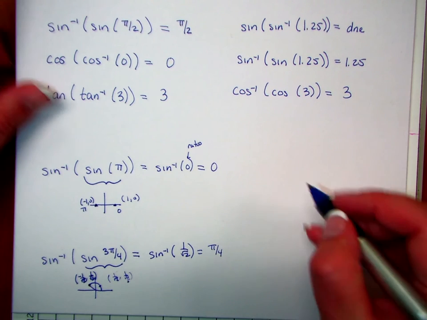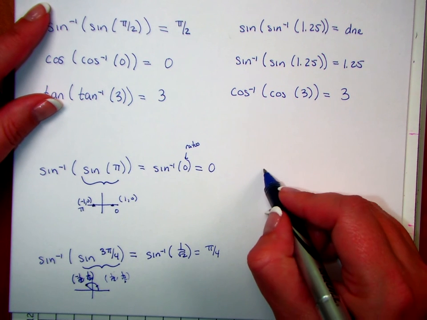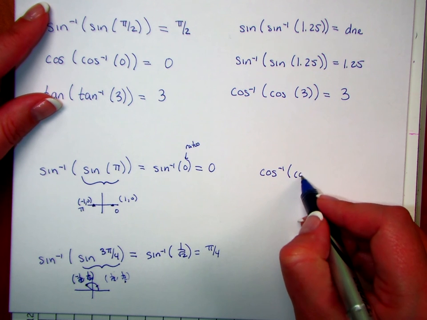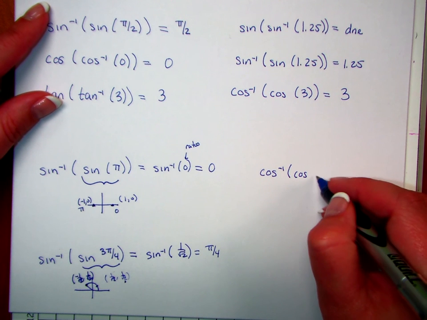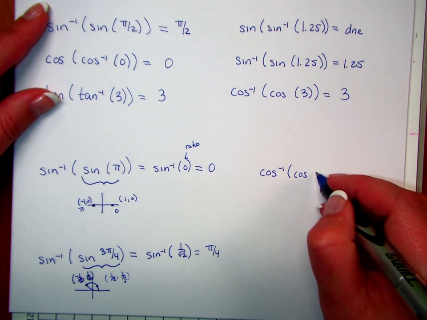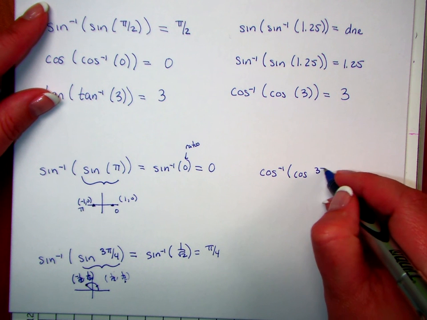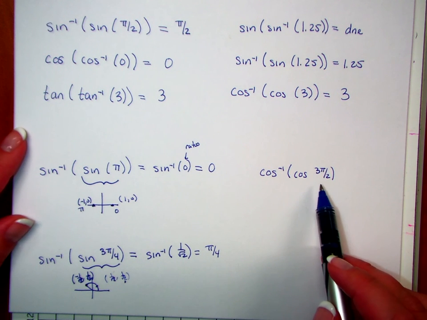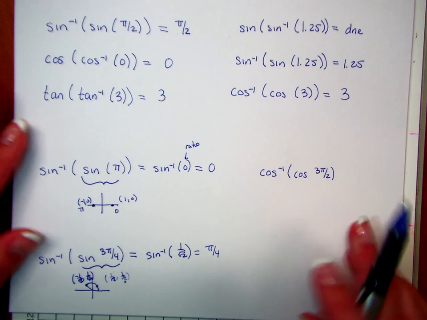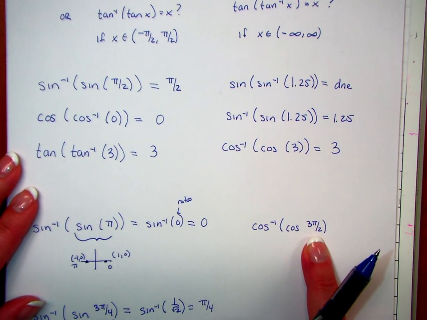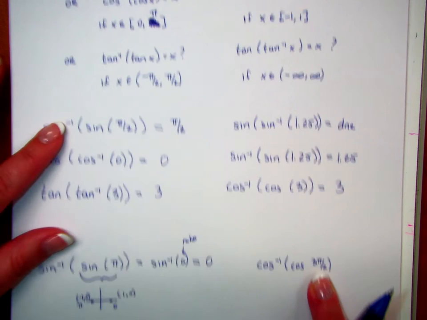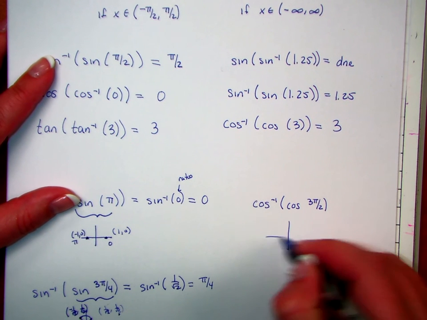Let's do some cosines. Let's do cosine inverse of cosine of 3 pi over 2. Is 3 pi over 2 in the restricted domain of cosine? No, it is not. The restricted domain stops at pi. So what is cosine of 3 pi over 2?